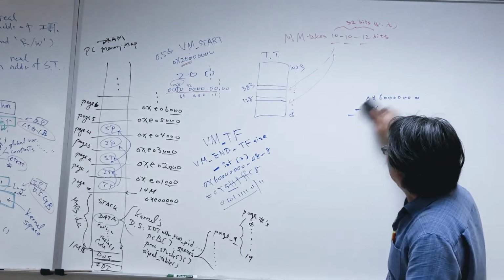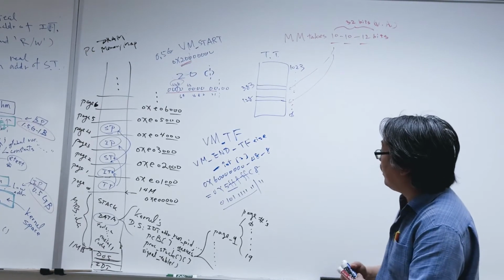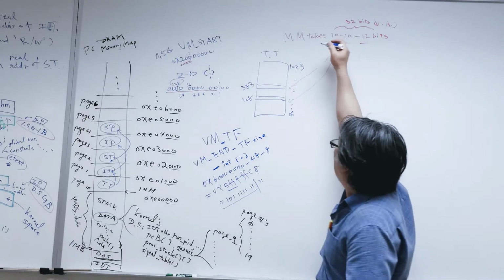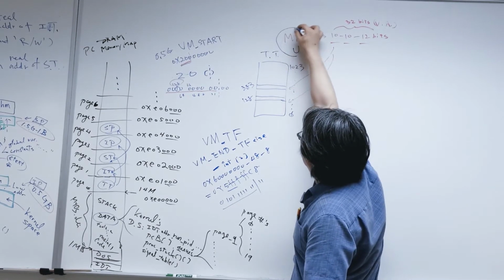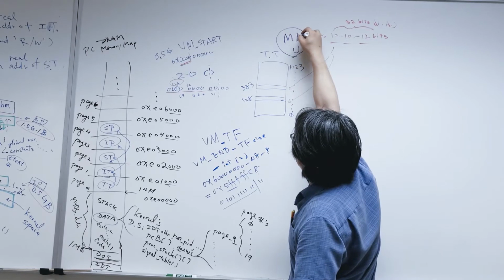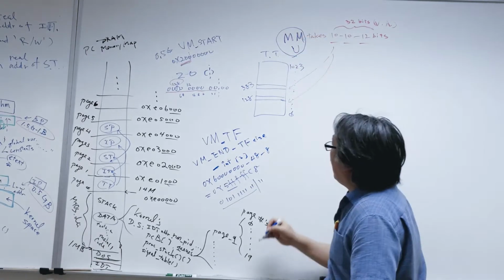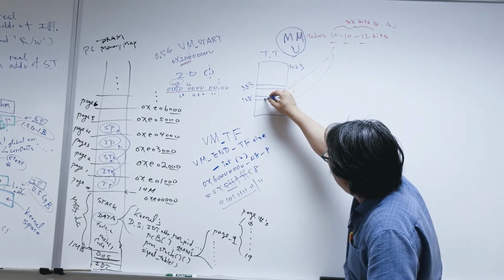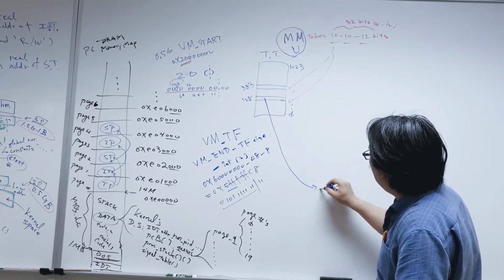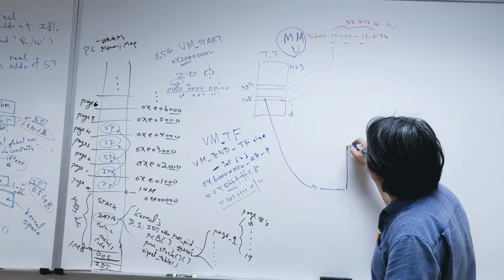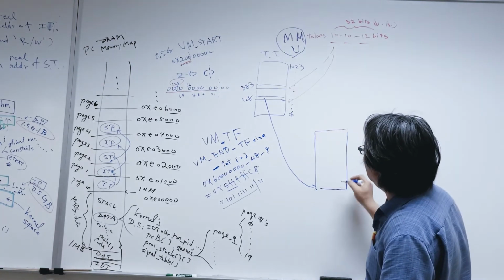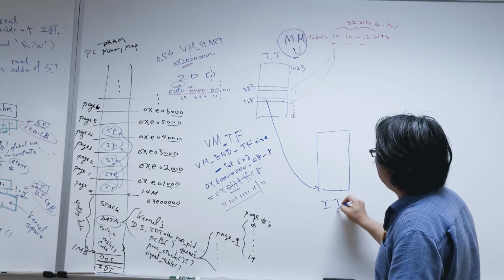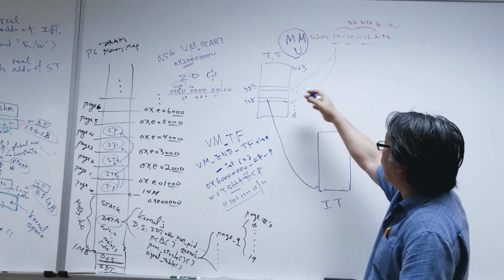So we are anticipating the MMU is going to do this. And then we're going to put inside here the table beginning byte. The table is the instruction table, sub-table. The MMU does not know all these names.